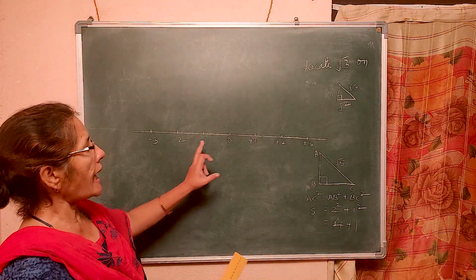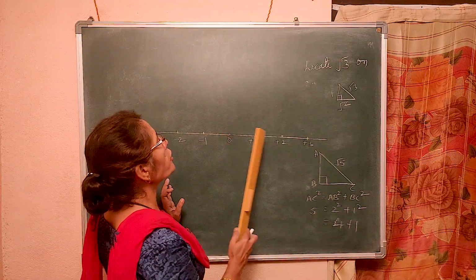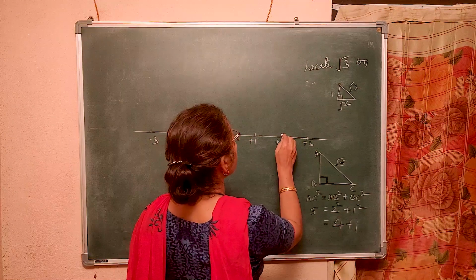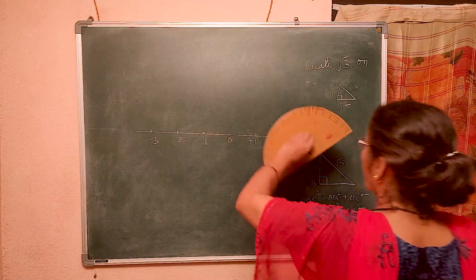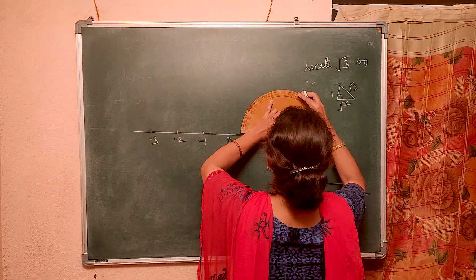I will take 2 and 1. From 0 to 2 I will go. And here I draw a perpendicular line taking 90 degree.